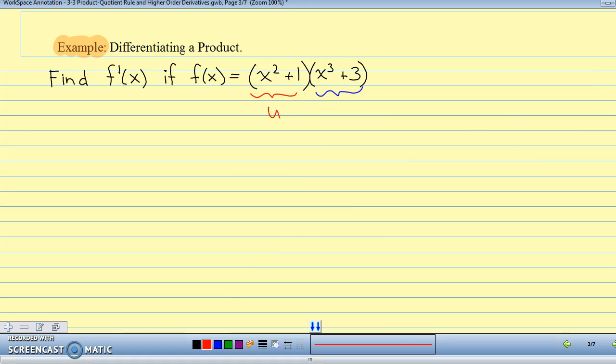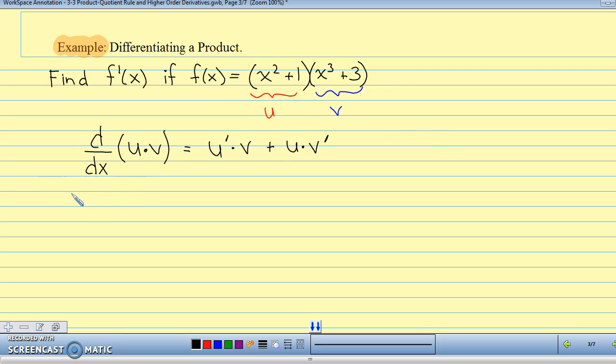In my experience of teaching this calculus class, I've noticed a lot of students like the simple uv notation better. So I said that the derivative of u times v is the derivative of the first one times the second function plus the first function times the derivative of the second function.